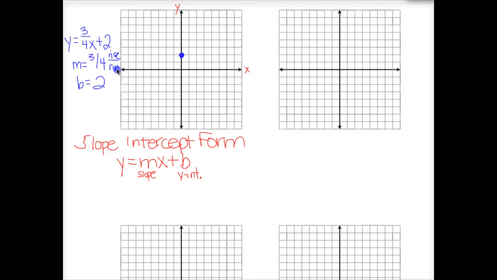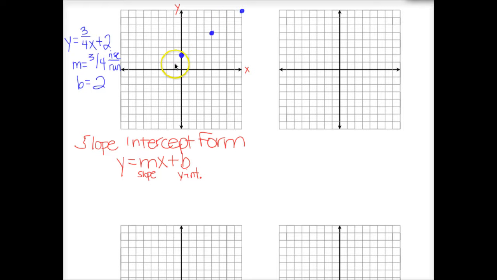You've seen that before. Rise means up and down, run means left and right. So we are going to move up 3 units and then right 4 units before we make our next dot. And we continue in that pattern until we're off the graph. Up 3, right 4, right on the end.